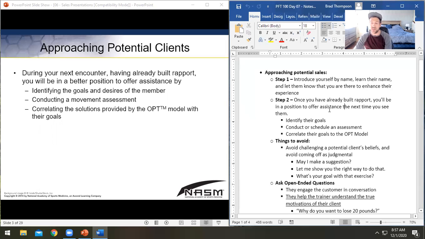You can chat with them, identify what some of their goals might be, maybe set up a movement assessment or actually run them through one, and even sit them down. This is where you can get into the education part and walk them through what their goals are and how they translate, NASM's OPT model is what they're saying here, but basically how their goals are going to translate to a practical program that you're going to write.